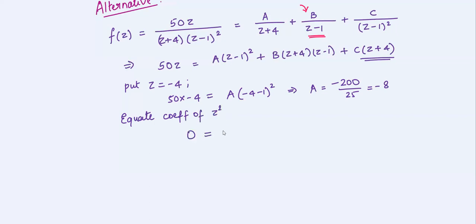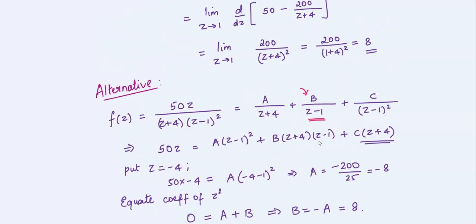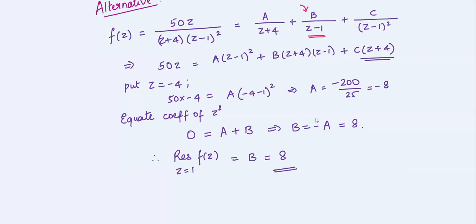So 0 is A plus B. From there we get B is equal to minus A, which is 8. Therefore, residue of f(z) at z equal to 1 is B, which is 8. This is easy. It's the coefficient of 1 upon (z minus 1). So this is how we can find the residue.